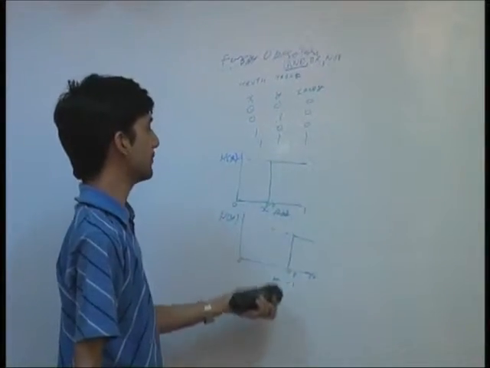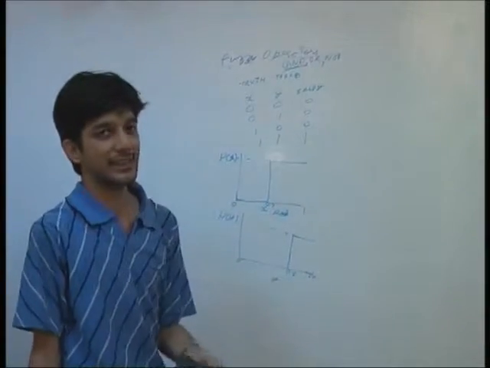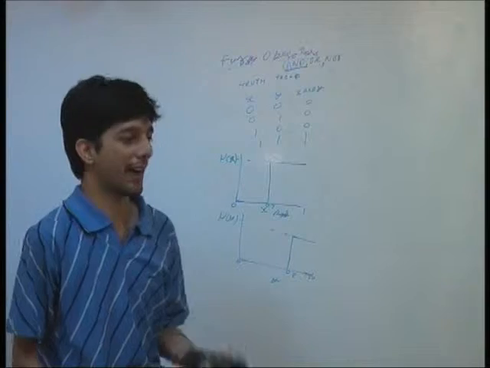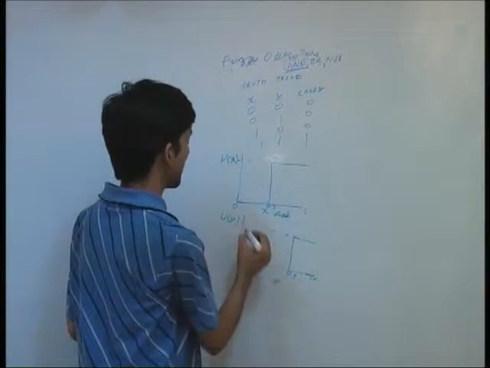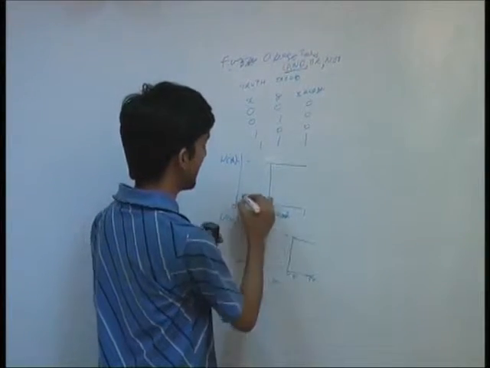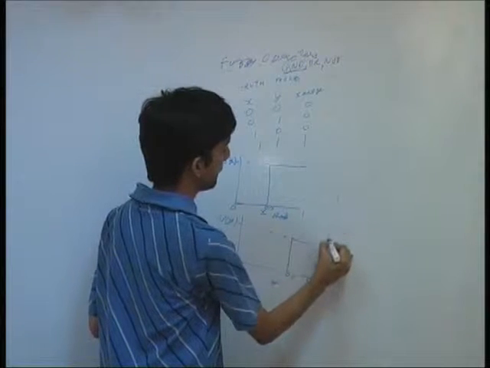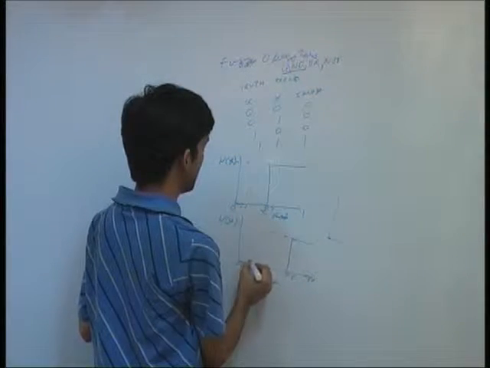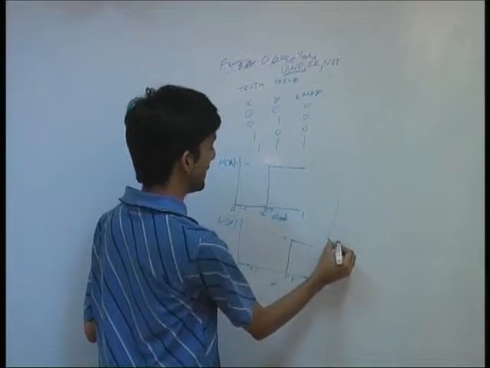I am asked to compute x and y. So I start off from here, 0 and 0 will be 0. Here 0.1 and 0.1 would again be 0.